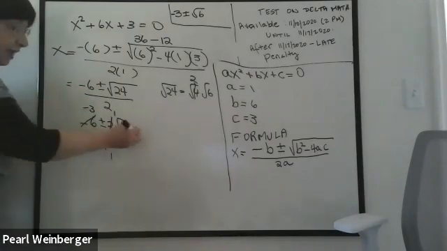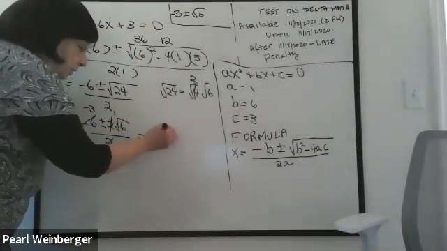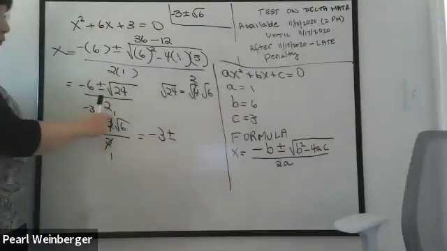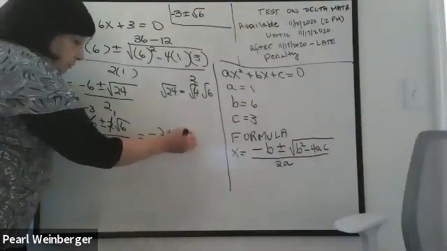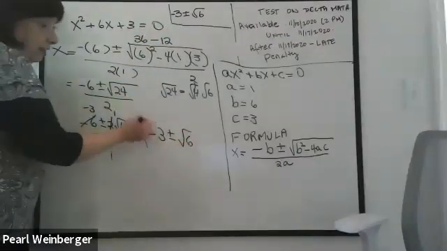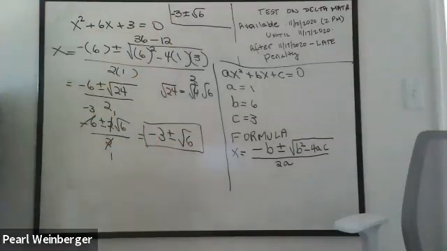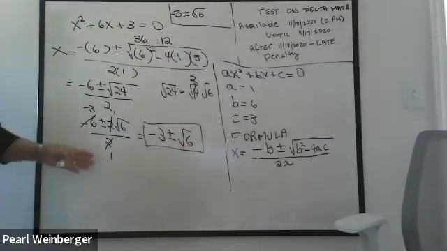So this ends up being negative 3 plus or minus 1 radical 6, which is just radical 6, and it's all over 1, which we don't have to put in. And here's my answer, exactly the answer I got when I was completing the square.